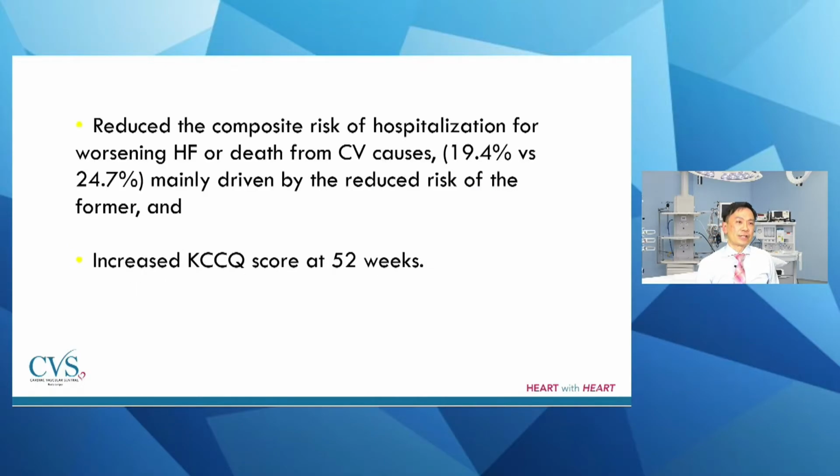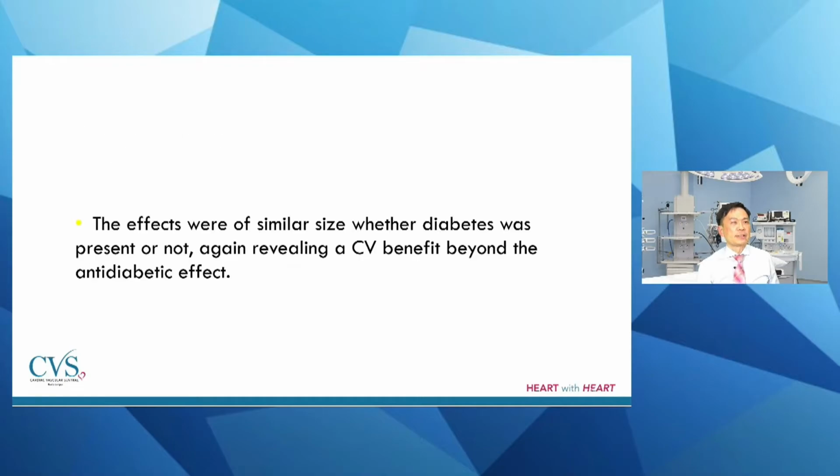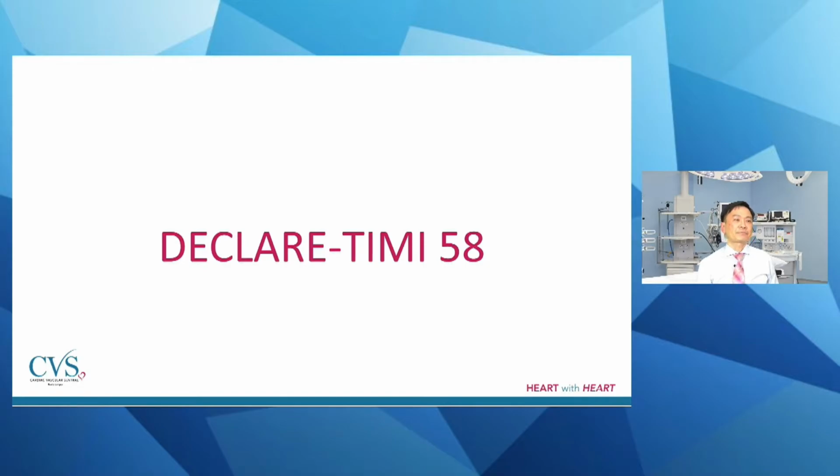And this reduced the composite risk of hospitalization for heart failure or death from cardiovascular disease by a significant amount, 19.4 versus 24.7, and also improved quality of life scores. So the effect was similar whether there was diabetes or no diabetes. Okay, again, emphasizing the same point over and over again.